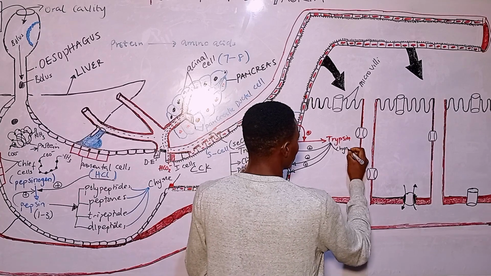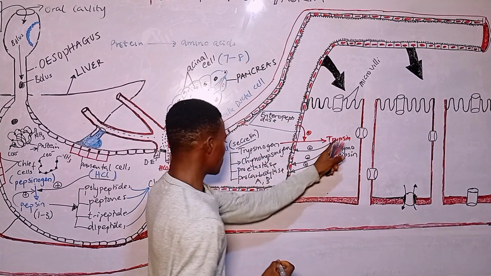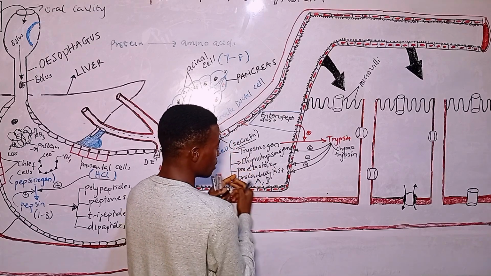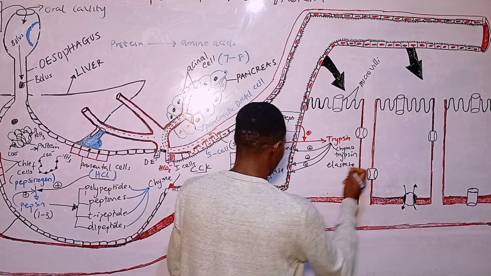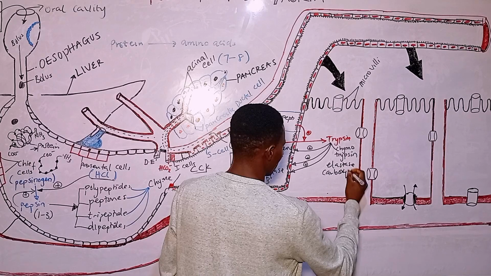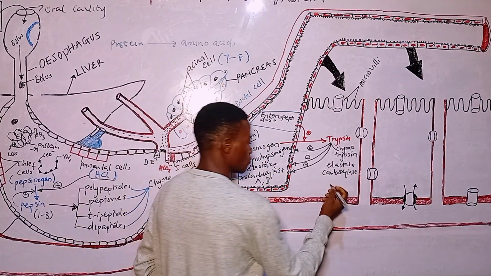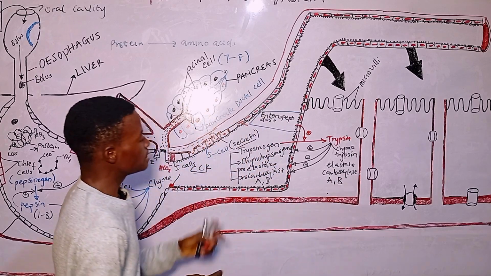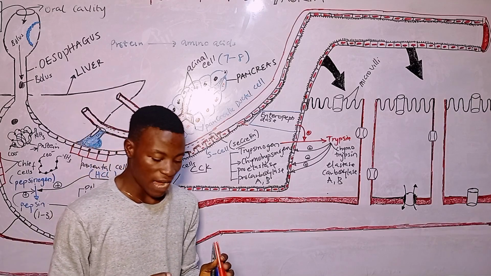And at the same time, the trypsin itself will act on proelastase, cutting the pro out, and we are going to have elastase. And for the procarboxypeptidase, we're going to have carboxypeptidase. And don't forget, carboxypeptidase is of two types. We have A and also B.